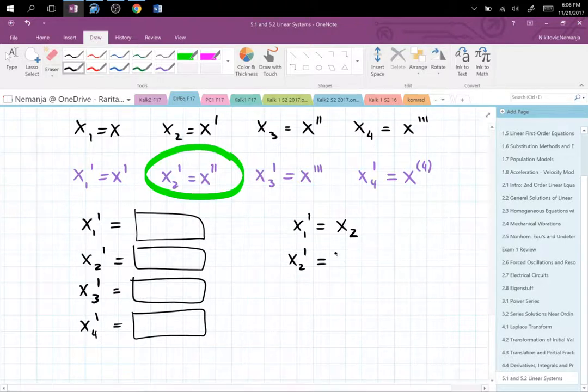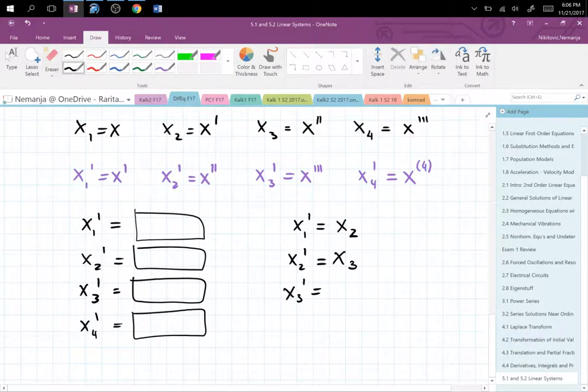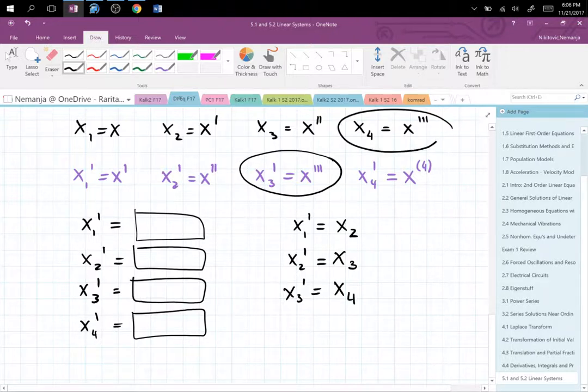So x3. And then I go for x3 prime. Again, x3 prime is right here, which is x triple prime, but that's x4, right? Because it's right there. You just connect them.